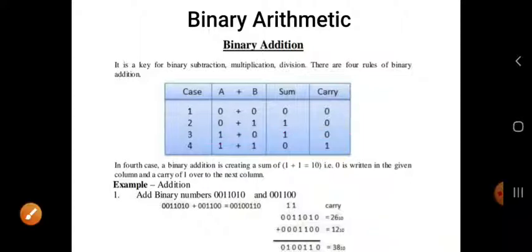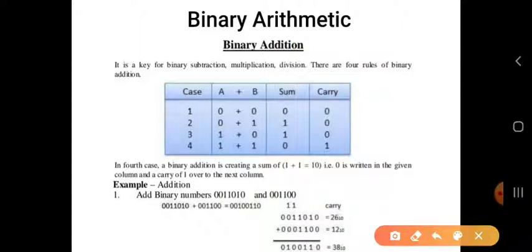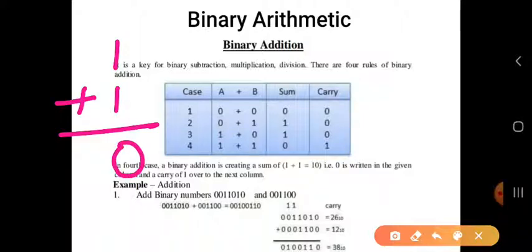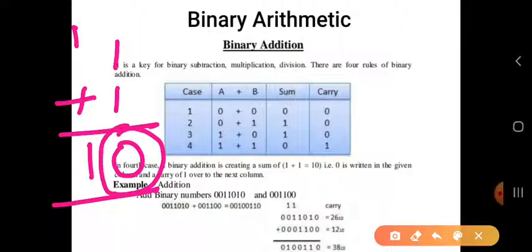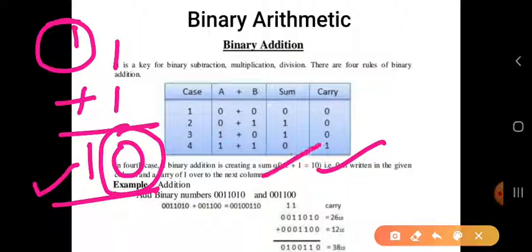In the last case, you can see when we add 1 plus 1, so 1 plus 1 will give you a 0, carry 1. That means sum will be 0 and carry will be 1. Sum will be 0 and carry will be 1. So here it has indicated.